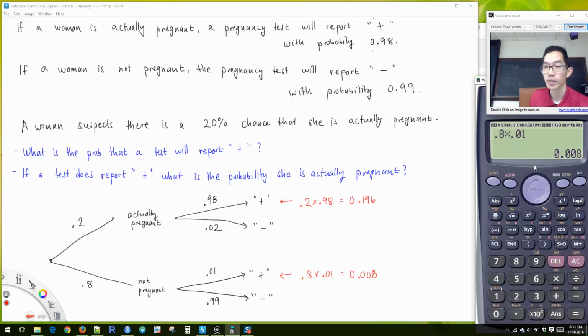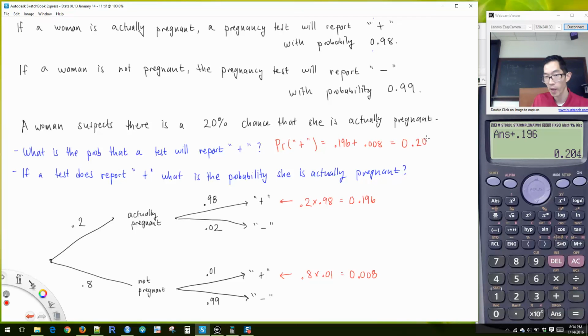I would add these two together, so the probability of getting plus is 0.196 plus 0.008, which is 0.204.